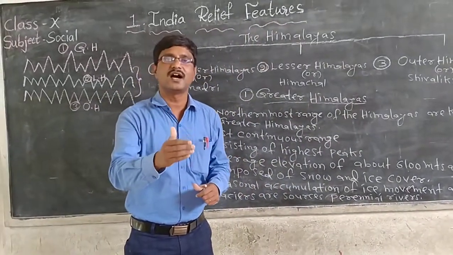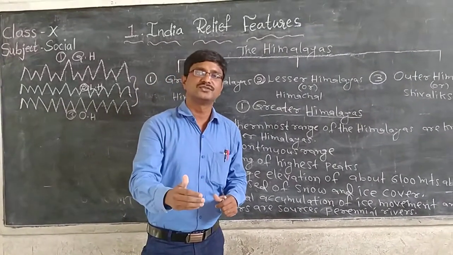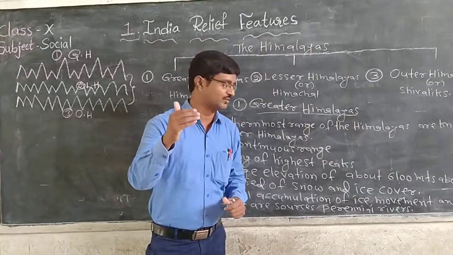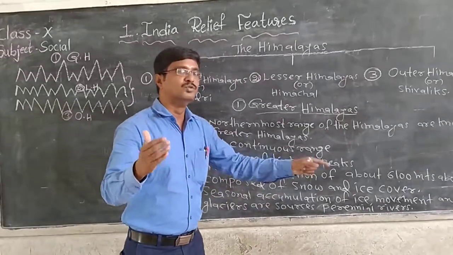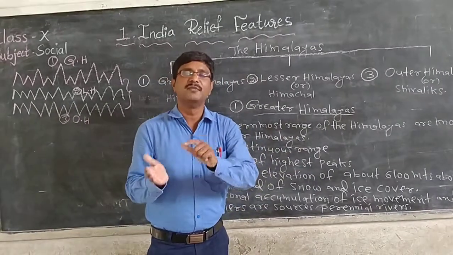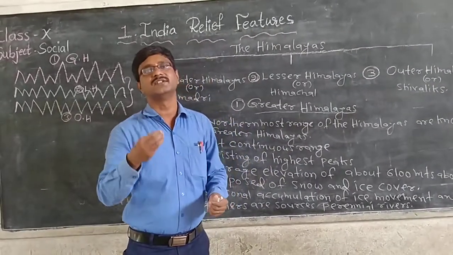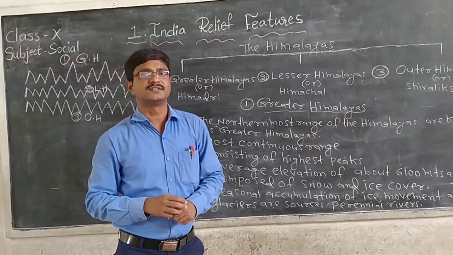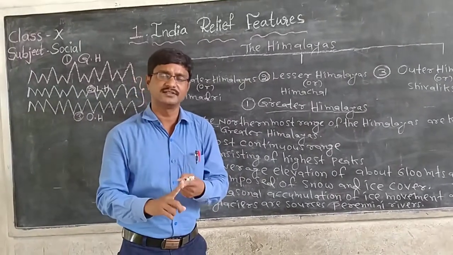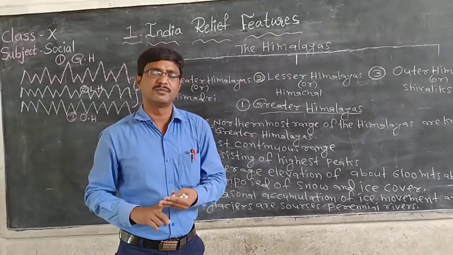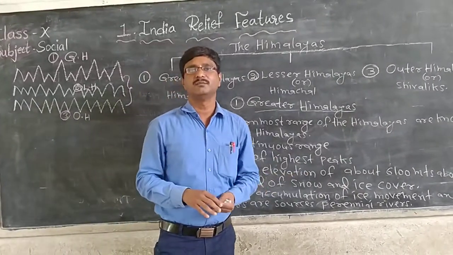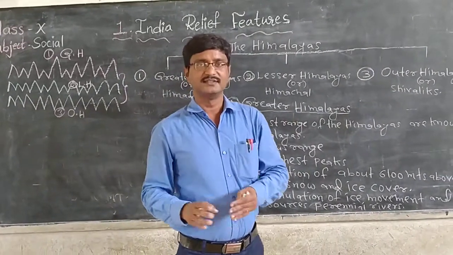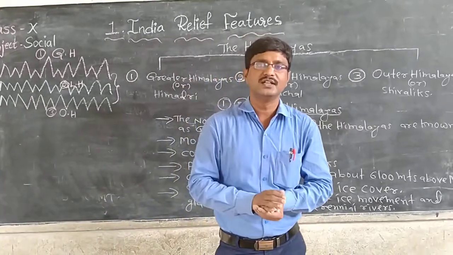The seasonal accumulation of snow and ice, and the movement and melting of the glaciers, are the reason for the perennial rivers. All the Himalayan rivers, Indus River, Ganga River, Brahmaputra River, are perennial rivers. It means they continuously flow throughout the year.